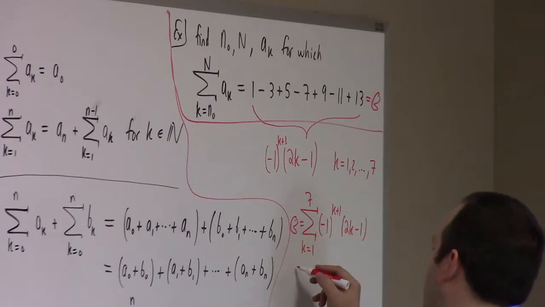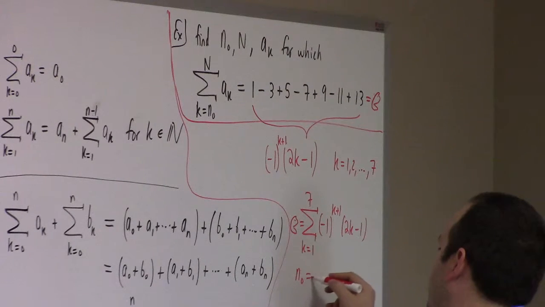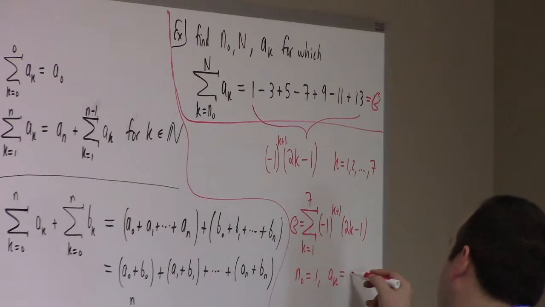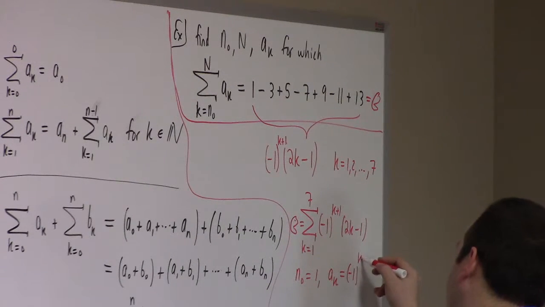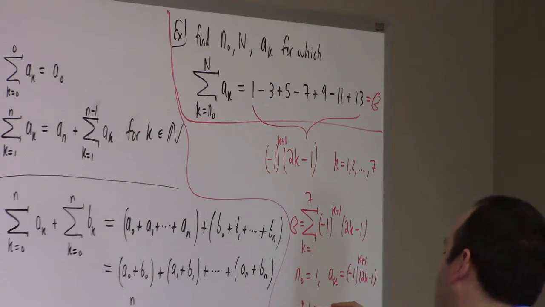In other words, I have n naught equals 1, and I have a sub k equal to minus 1 to the k plus 1 times 2k minus 1, right? And my big N is 7.